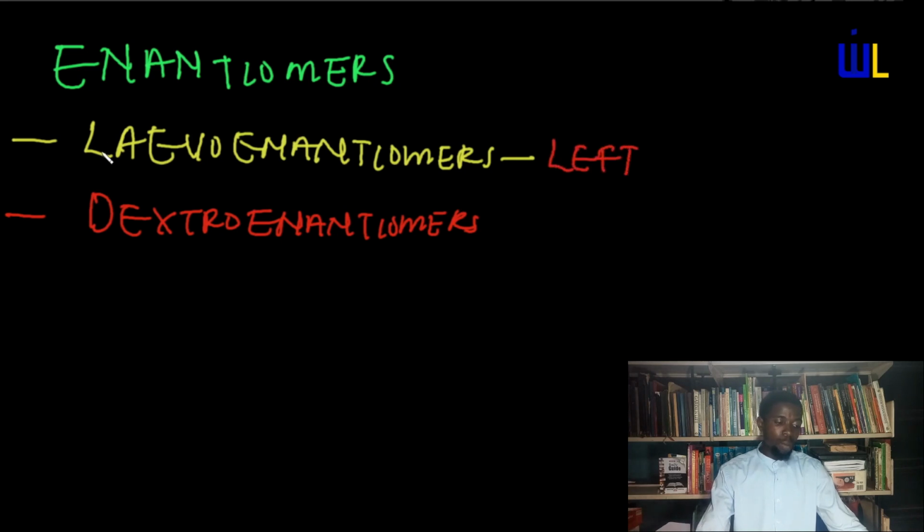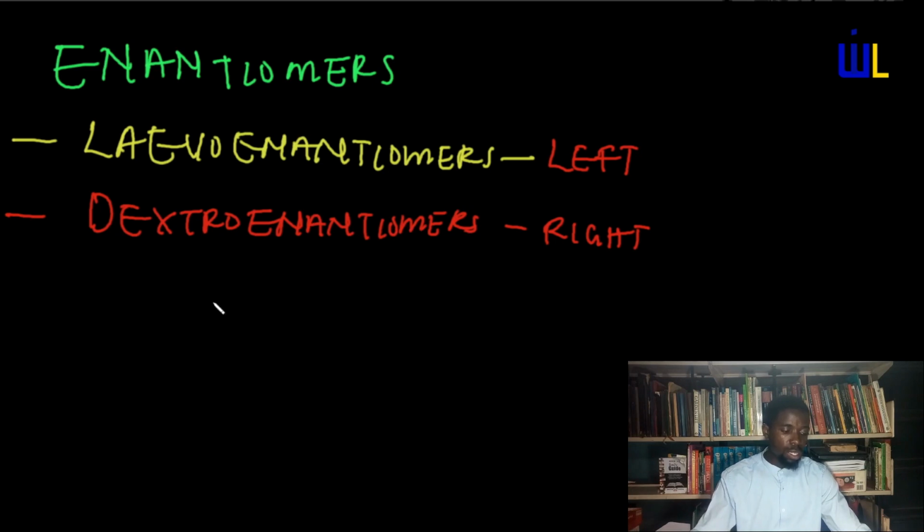I use this to remember: L L, levo left. Dextro would have to be the other one, which is right. So the levoenantiomers will turn the plane of the polarized light towards the left, while the dextroenantiomers will turn the plane of the polarized light towards the right.